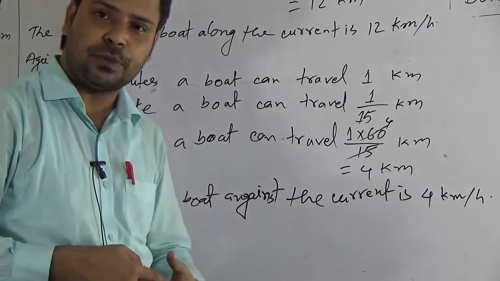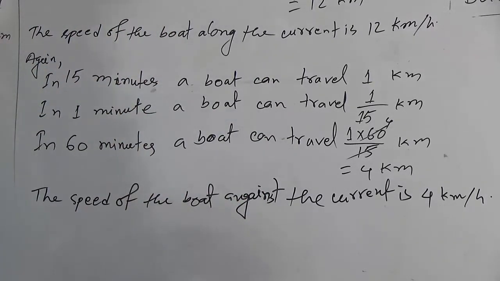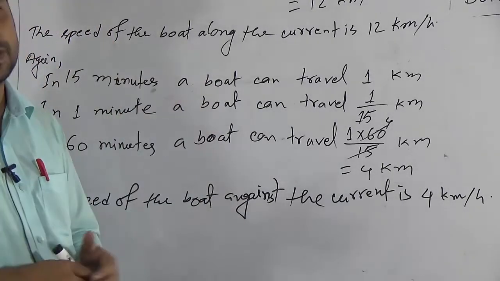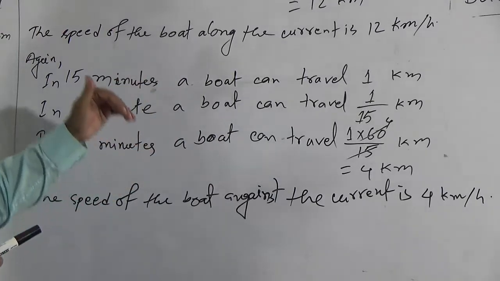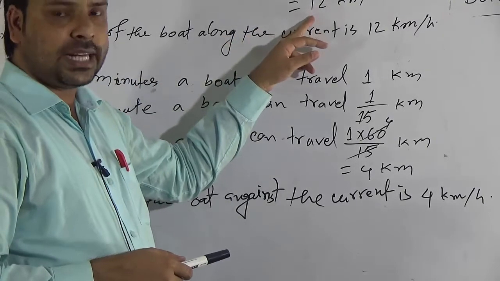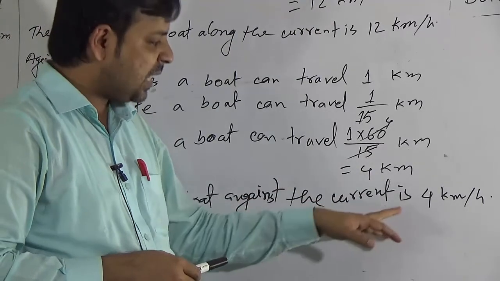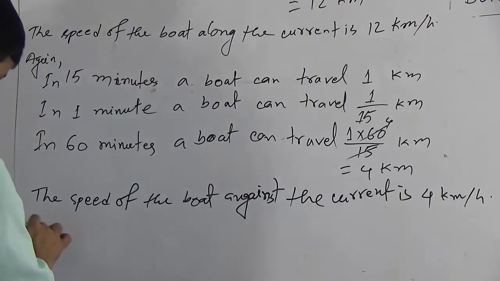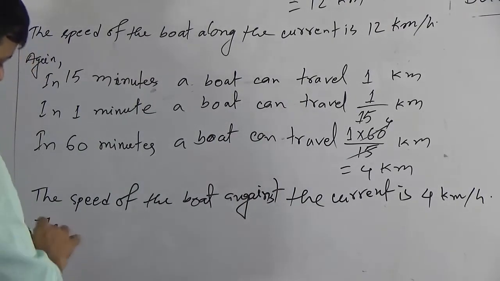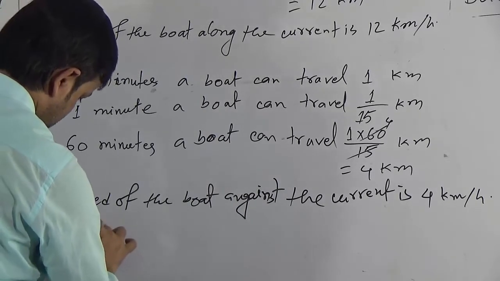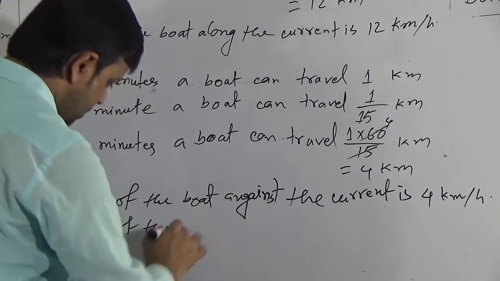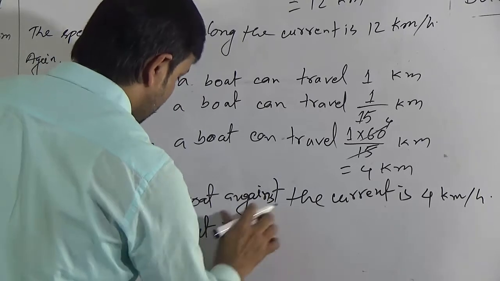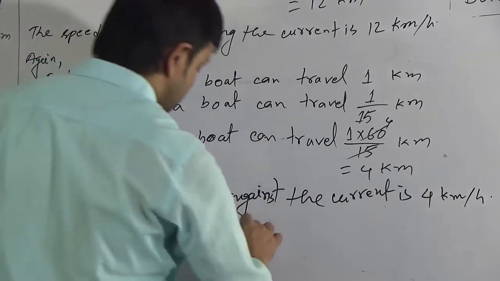Dear students, now we need to determine the speed of the boat in still water. It means actual speed of the boat, and we need to determine the speed of current. Dear students, in this case we can use two formula. Here the speed of the boat or actual speed of the boat will be equal to the average speed of the boat along the current and the speed of the boat against the current. So we can write here the speed of the boat in still water.